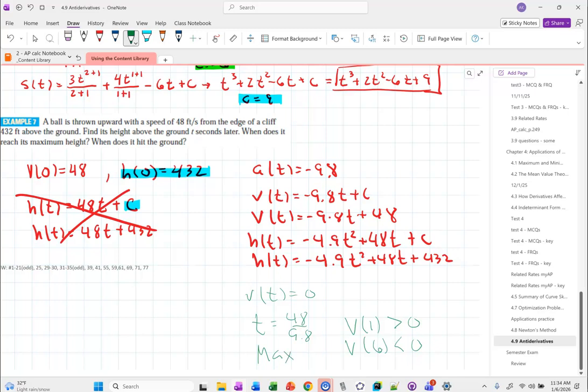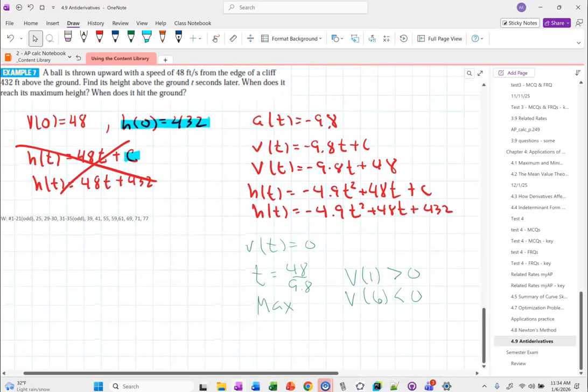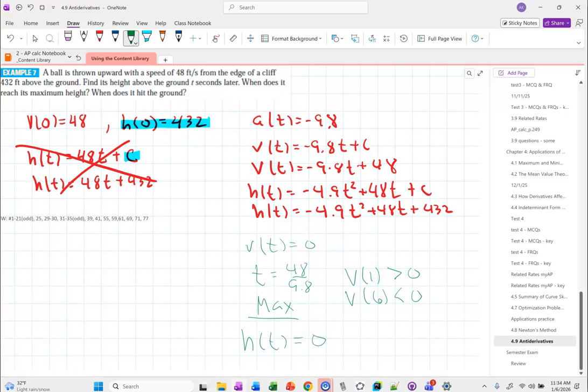That tells me that this is a maximum. Is everybody okay? And then it says, when does it hit the ground? Well, for that I'm just going to solve h of t equal to 0. Is that okay?